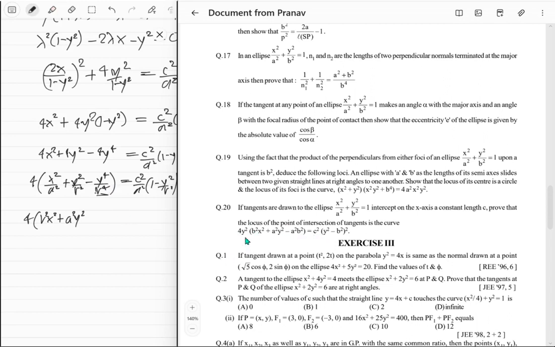Wait, what? Wait, why? No, it's not supposed to be there. Why is that the case? I mean, here you have x, but why is this extra y square there?